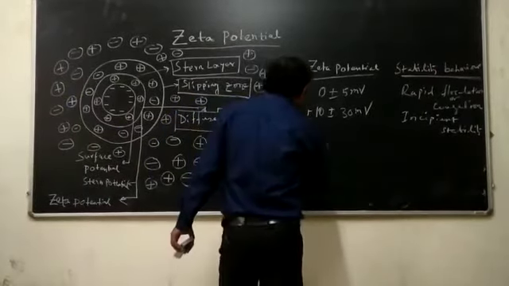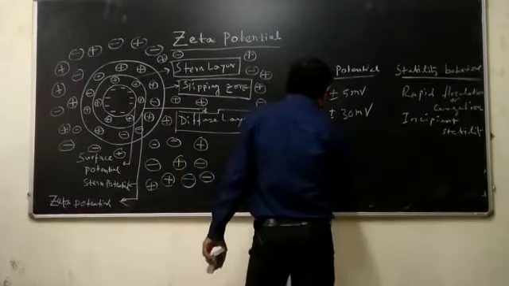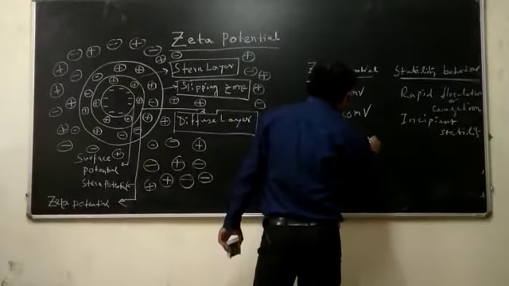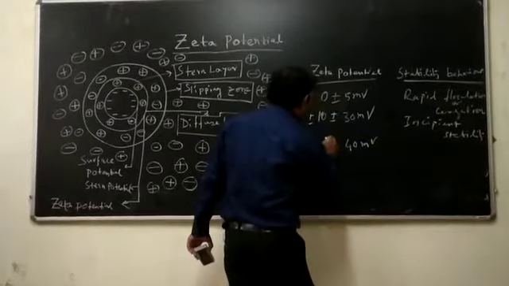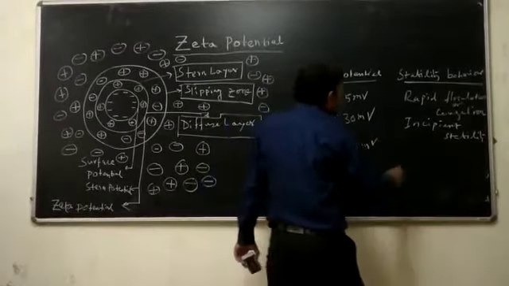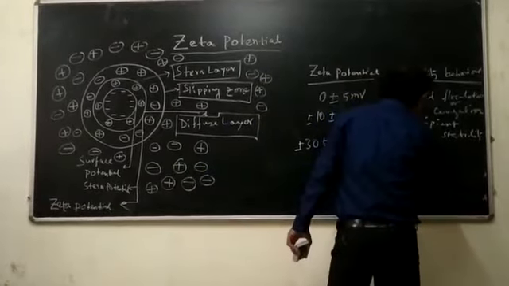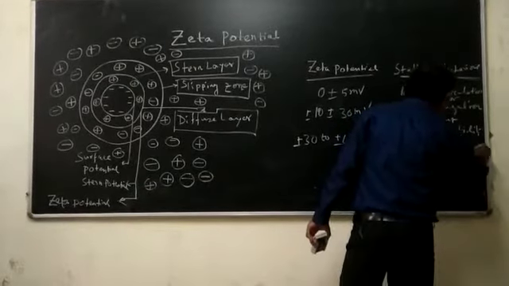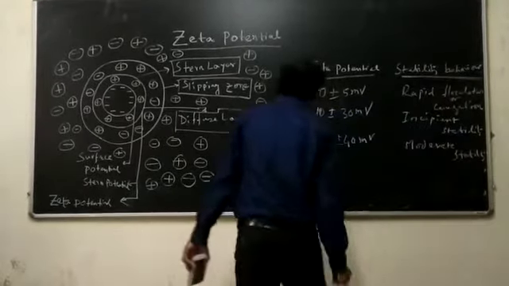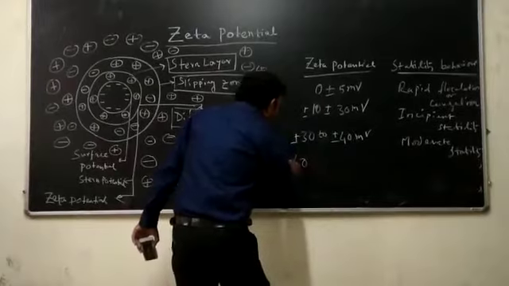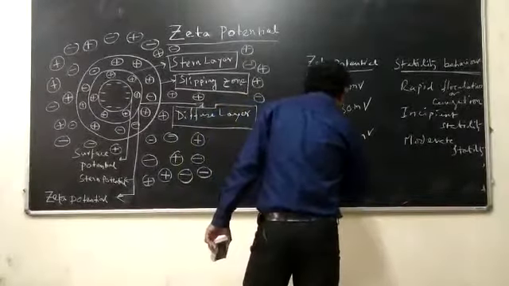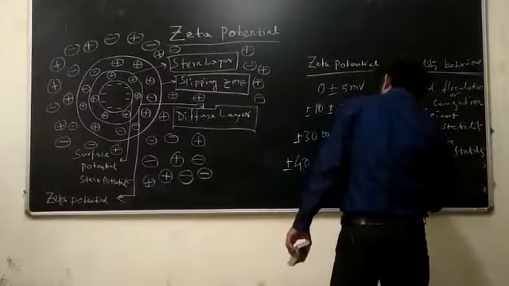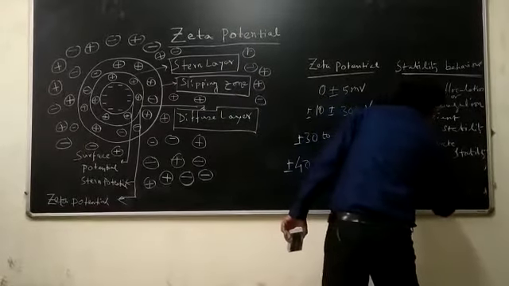Now, zeta potential plus or minus 30 millivolts to plus or minus 40 millivolts indicates moderate stability. Then plus or minus 40 millivolts to plus or minus 60 millivolts indicates good stability.